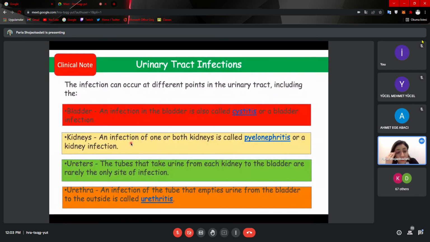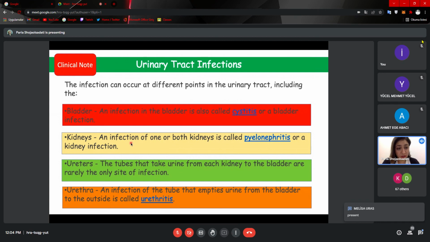The kidney is sometimes infected, and it's a so important condition, called pyelonephritis. The ureters are rarely infected, or rarely the only site of the infection.